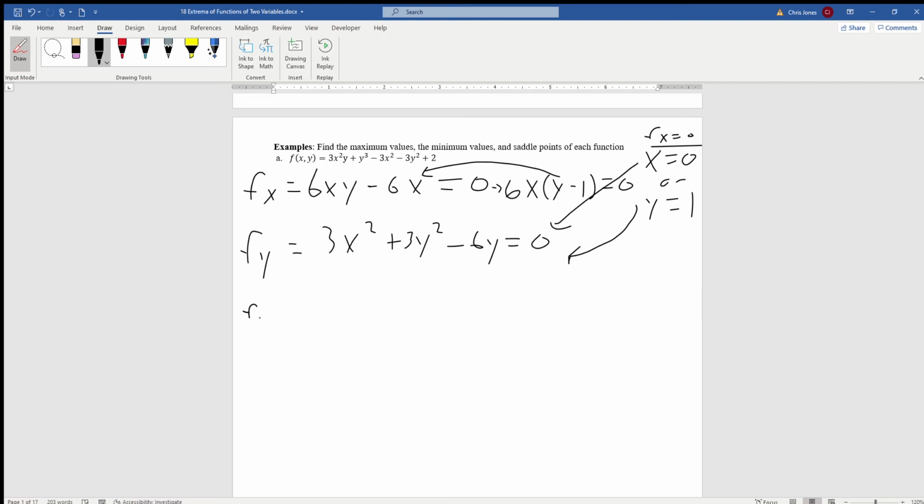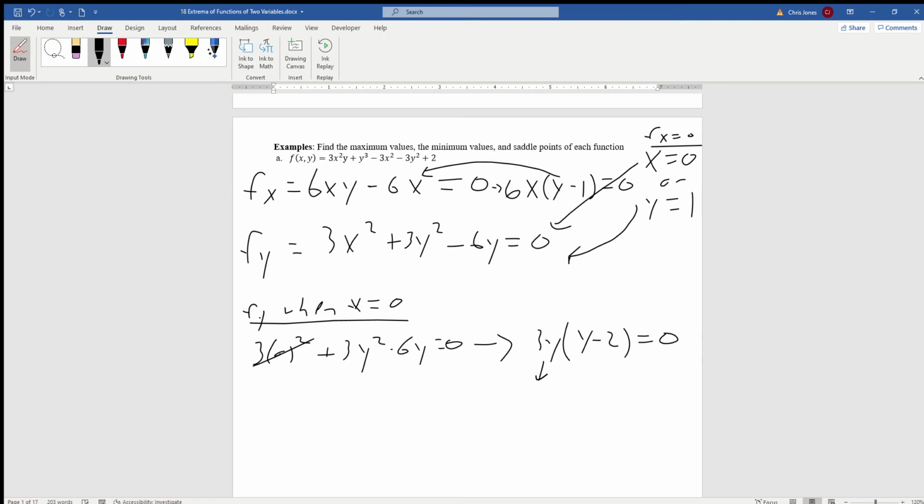So fy when x equals 0 is 3 times 0 squared plus 3y squared minus 6y equals 0. We can factor that because now we only have a single variable. Let's factor out 3y, and that leaves us with y minus 2.